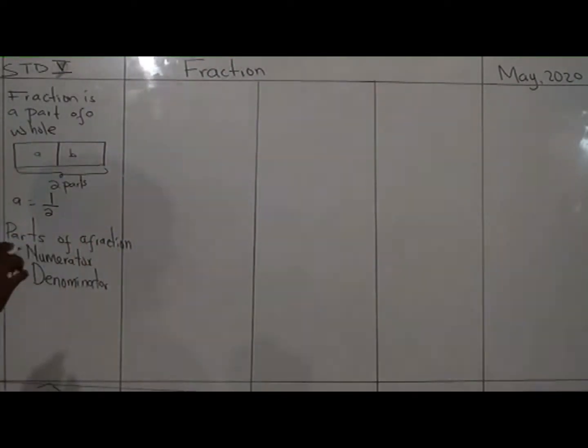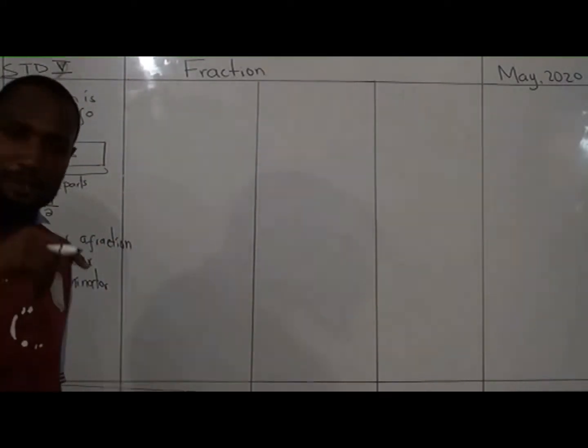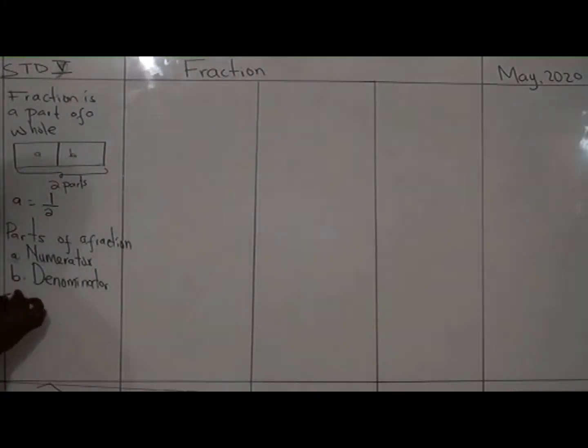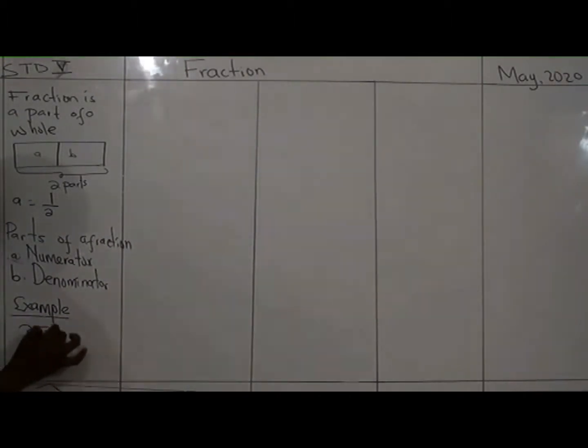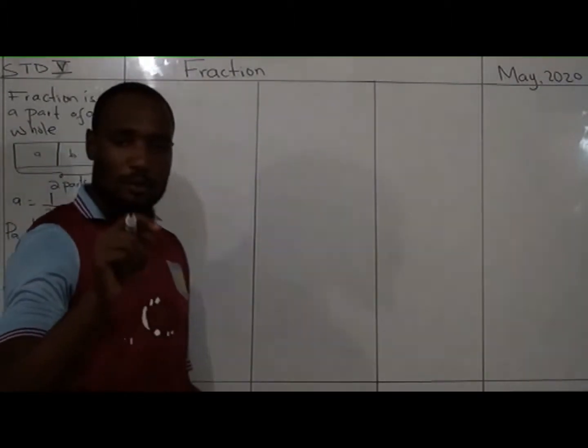A numerator is the number that is always on top, and a denominator is the number that is always on the bottom. For example, if I write 3 over 4, my numerator is 3, and my denominator is 4. Rather, you can say 3 is the numerator, 4 is the denominator. Those are the two parts of a fraction.